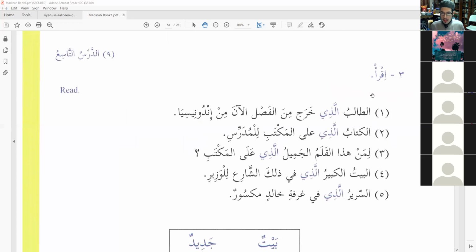Good. Iqra. Last exercise. This is going to solely focus on the first relative pronoun that we have learned, alladhi. Relative pronouns are connecting words, okay? He who, she who, the one who, which, that, these sorts of words in English.